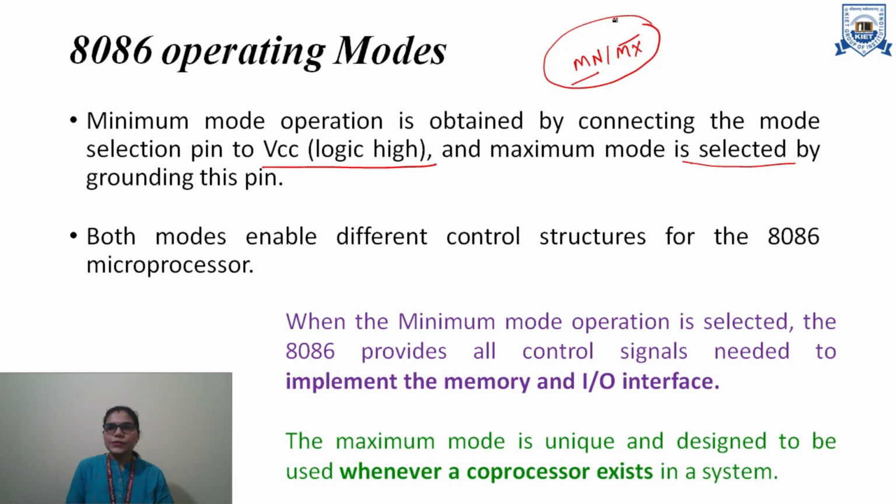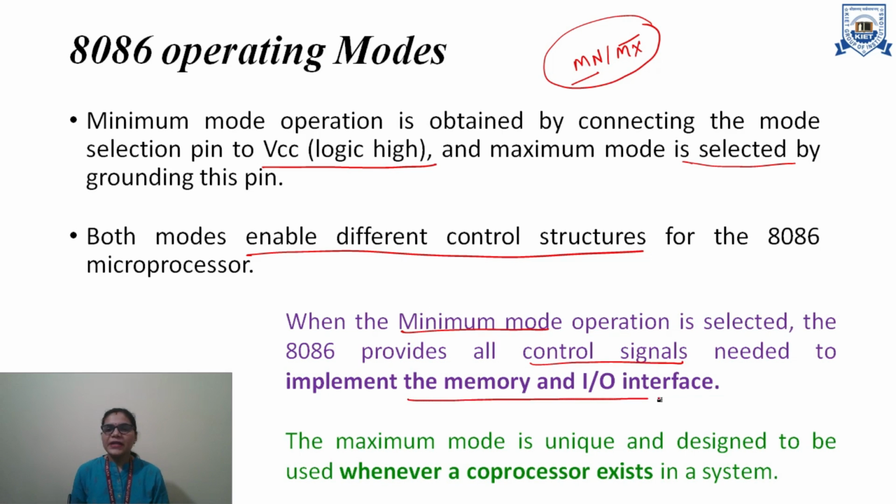Logic at this mode selection pin will decide whether the 8086 microprocessor will work in minimum mode or maximum mode. Both modes enable different control structures for 8086 microprocessor. Whenever 8086 will work in minimum mode, it will generate control signal for memory and basic input-output interface.